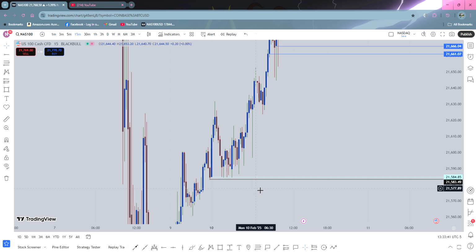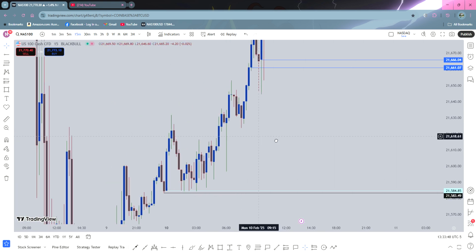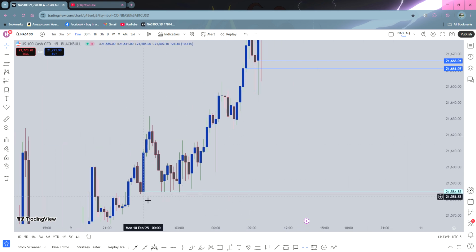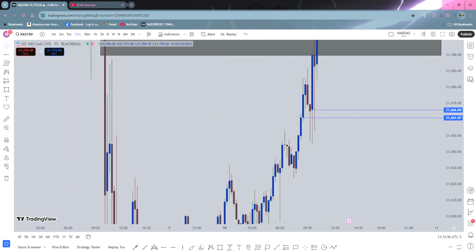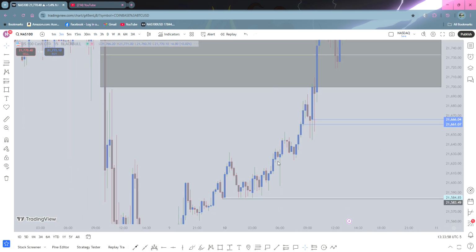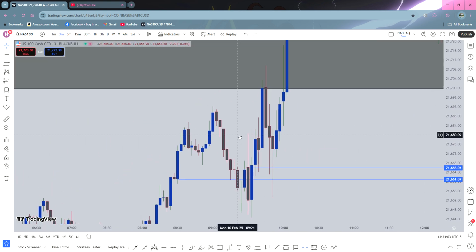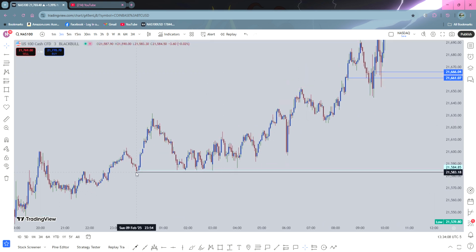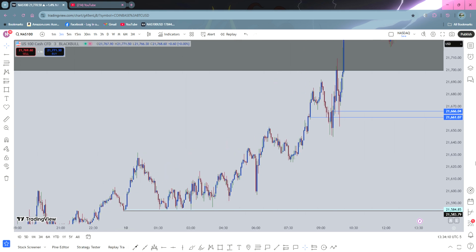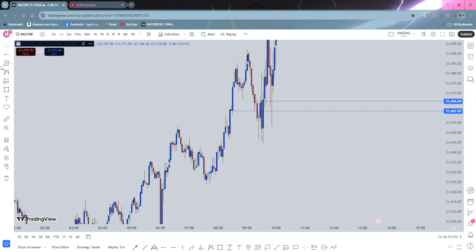I don't feel comfortable leaving these lows here. There is so much money below here. Sell stops. People place their stop losses here, so there's money below this sell-side liquidity, but all right, now I see why price did not actually engage to this sell-side liquidity, because we broke out here.